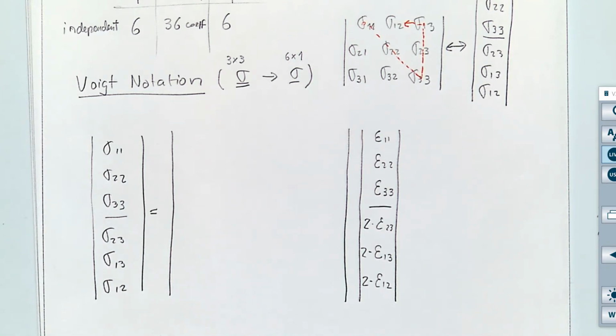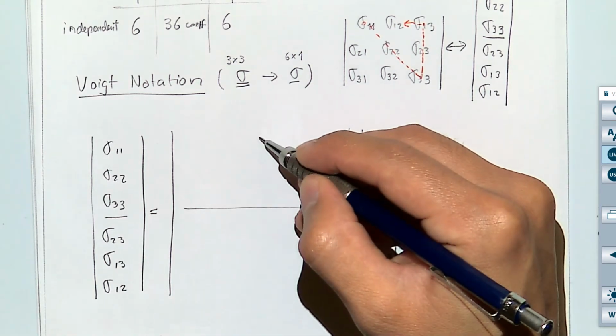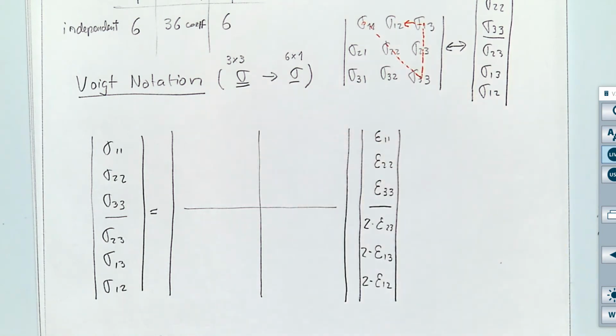All right. So now we have a vector which is 6 by 1 and a vector which is 6 by 1. Hence, the matrix that is going to be inside is going to be a matrix 6 by 6 with those 36 coefficients.